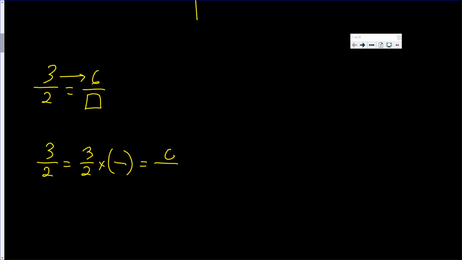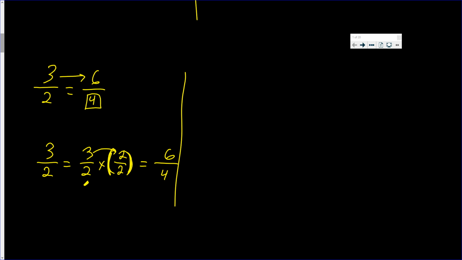And since I want a 6 on the top, and since 3 times 2 is 6, I'm going to put a 2 on the bottom. Because 2 over 2 is 1. And 2 times 2 is 4. So it's 6 over 4.